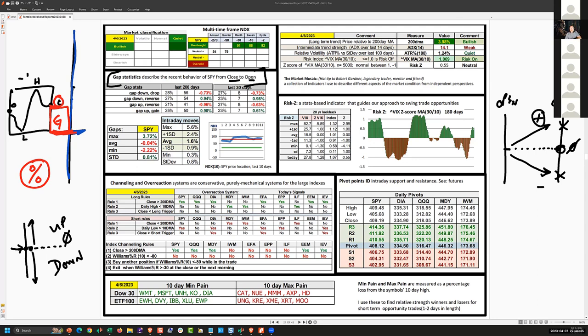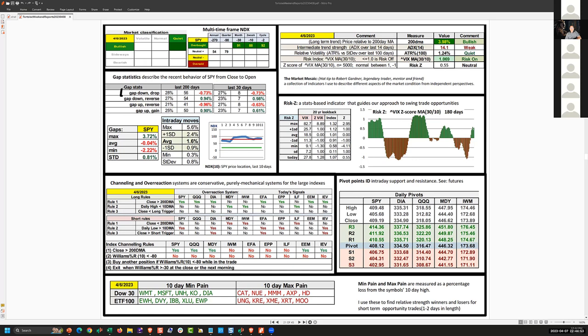So now let's take a look at this table. The first thing it can do is gap down, and then follow through lower. So what does that look like? Well, here's where it closed, and here's where the open is.